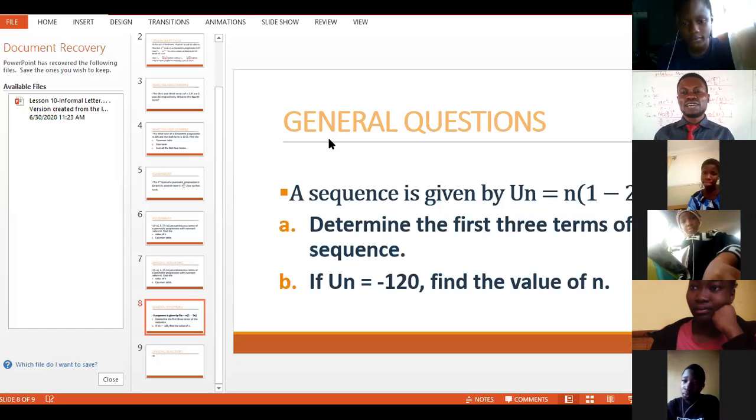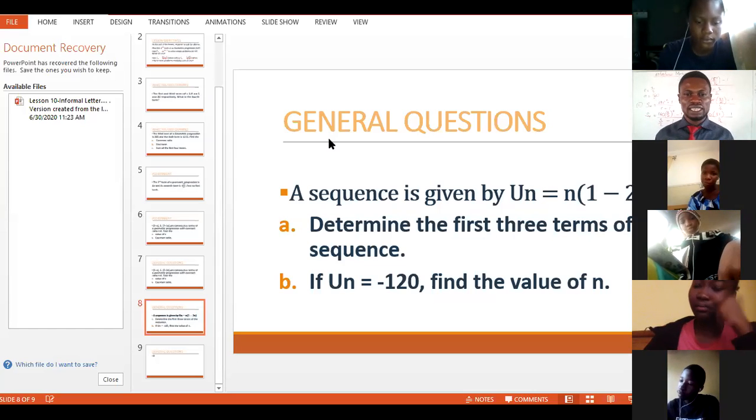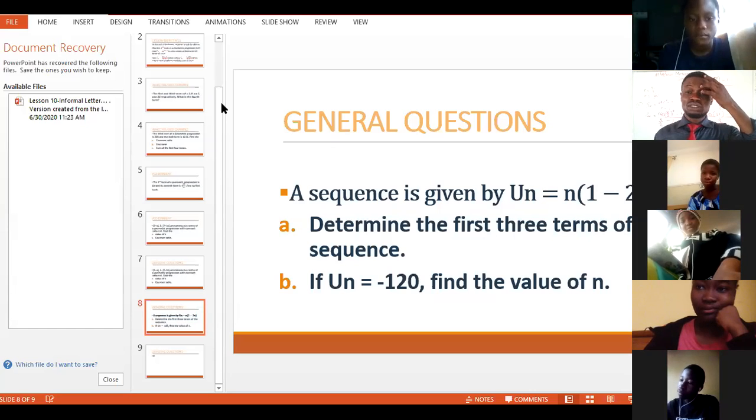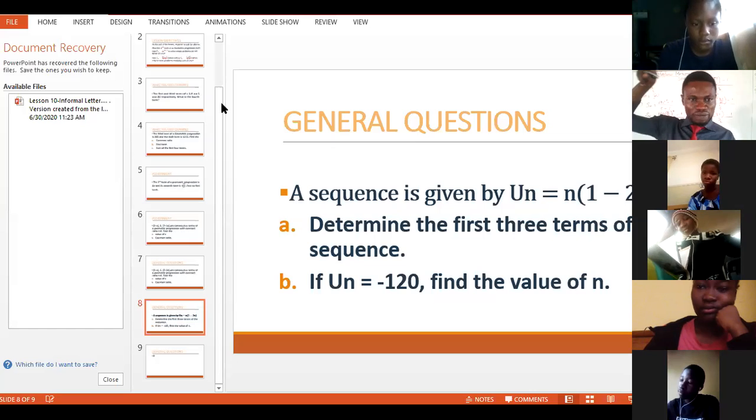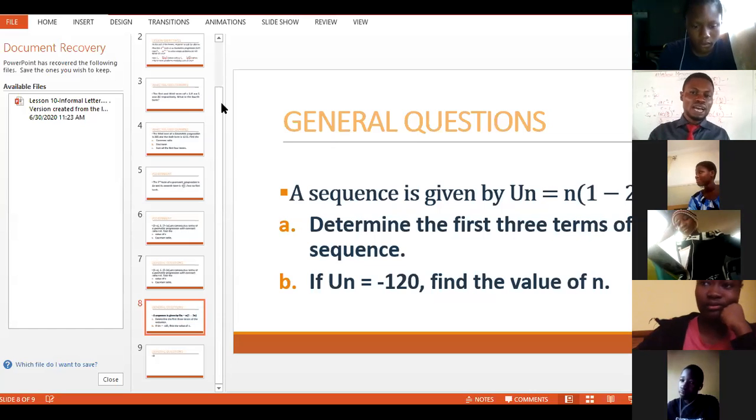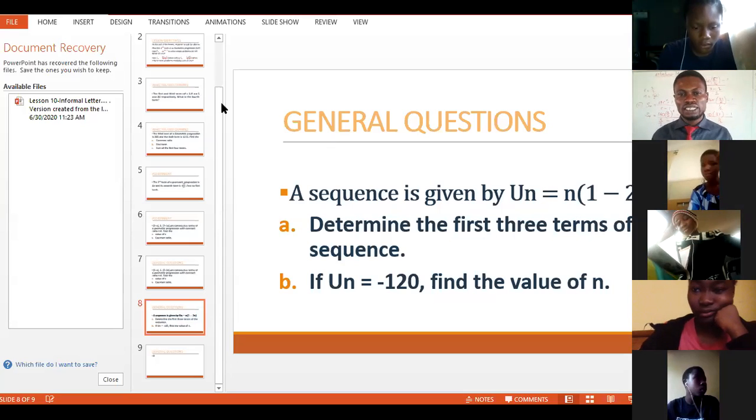That is why if you are given other formulas to use, you still need to solve the problems. Like in a case like this, you have a sequence given by Un is equal to n into 1 minus 2n. This formula is related to that one. Particularly, this formula was gotten from that one, even though I may not need to start explaining why or how right now. But how to use this formula is quite simple.